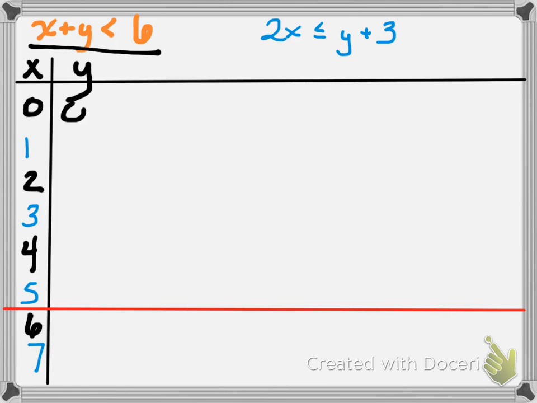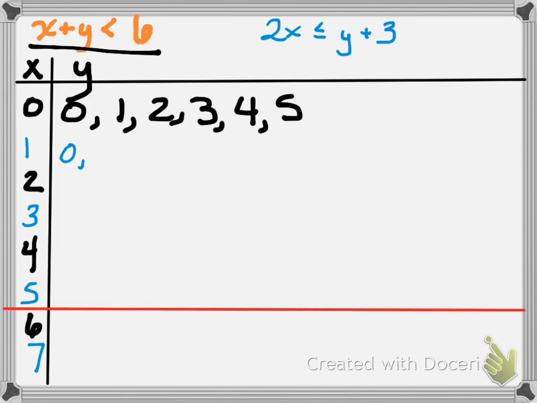But I can list everything up to 5. Okay, so 1. 1 plus what numbers? 0 through 4.